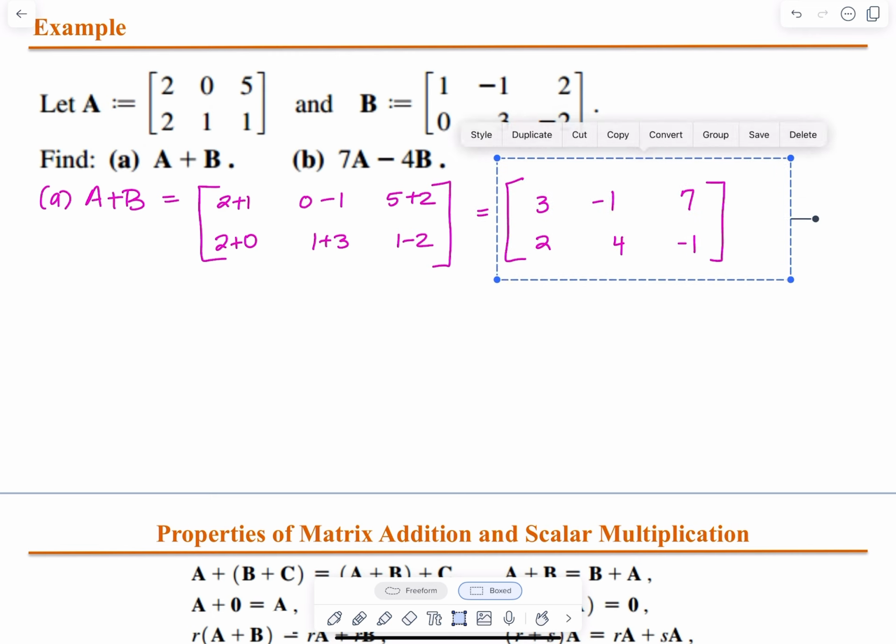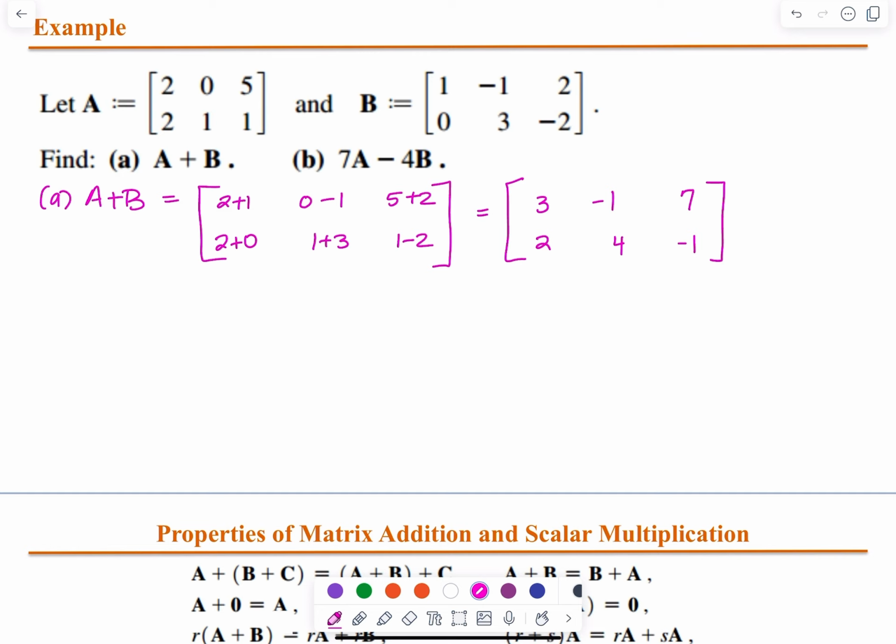Now let's go ahead and take a look at a matrix multiplied by a scalar.